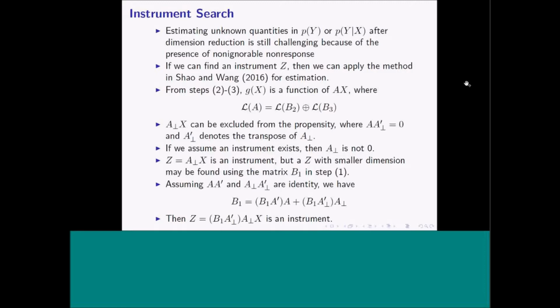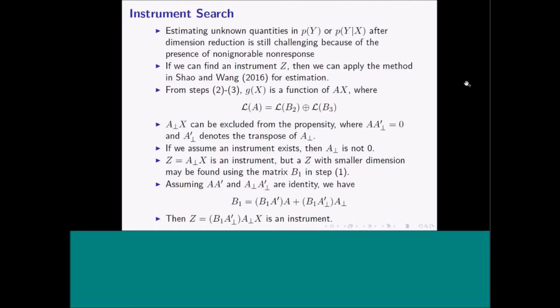Remember that for the G function part, I will already have something which is not in the propensity. The only thing left is that I want to choose some function of it. It actually depends on those functions that can predict the Y value.